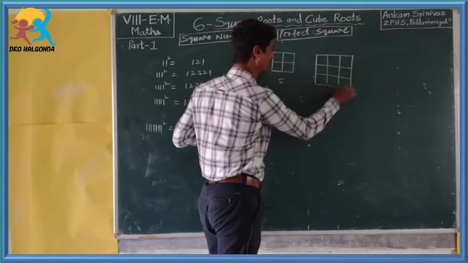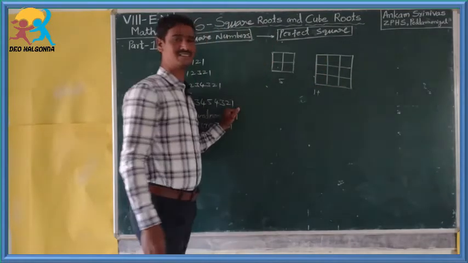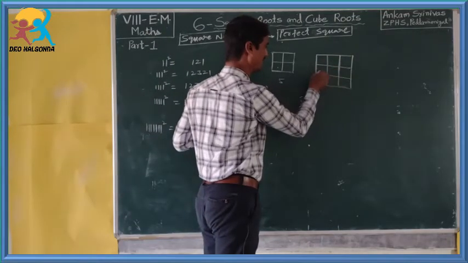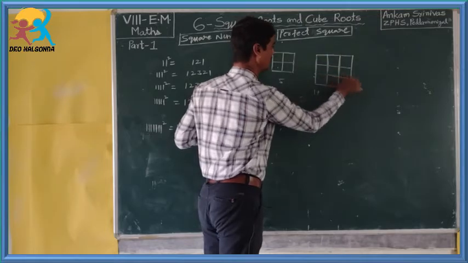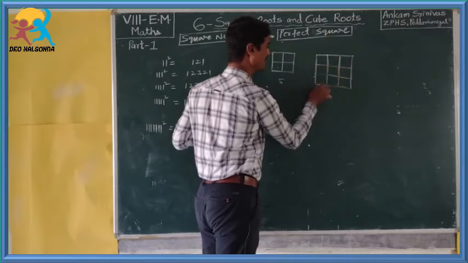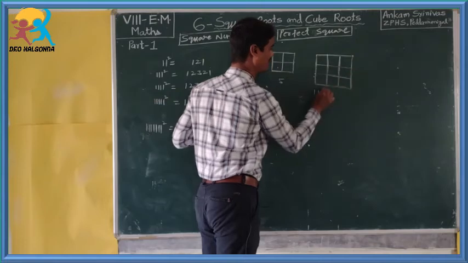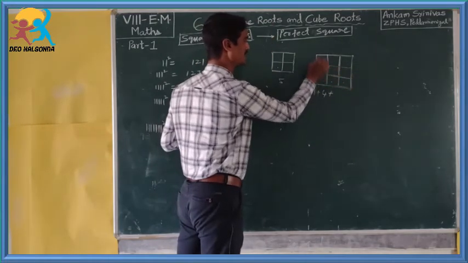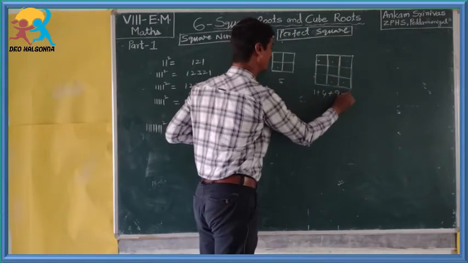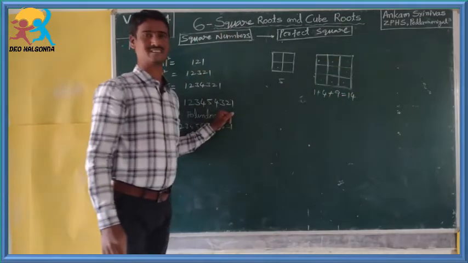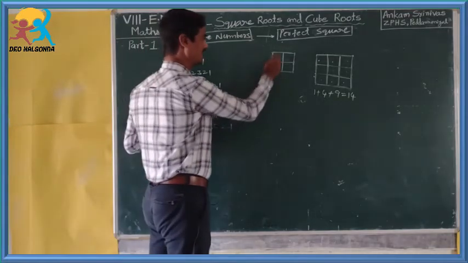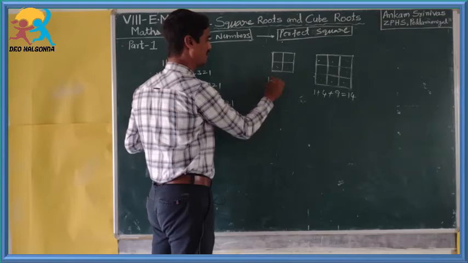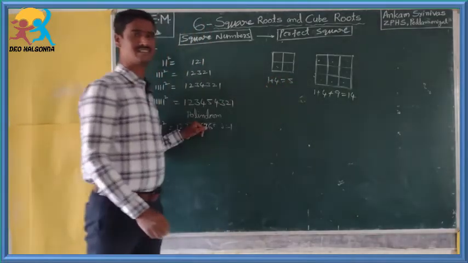This total square plus, I am taking here 1, 2, 3 and 4, 4 squares. Next to small ones, 1, 2, 3, 4, 5, 6, 7, 8, 9. Total we got 14. Here also the total square is 1 and the remaining 1, 2, 3, 4, so 5.